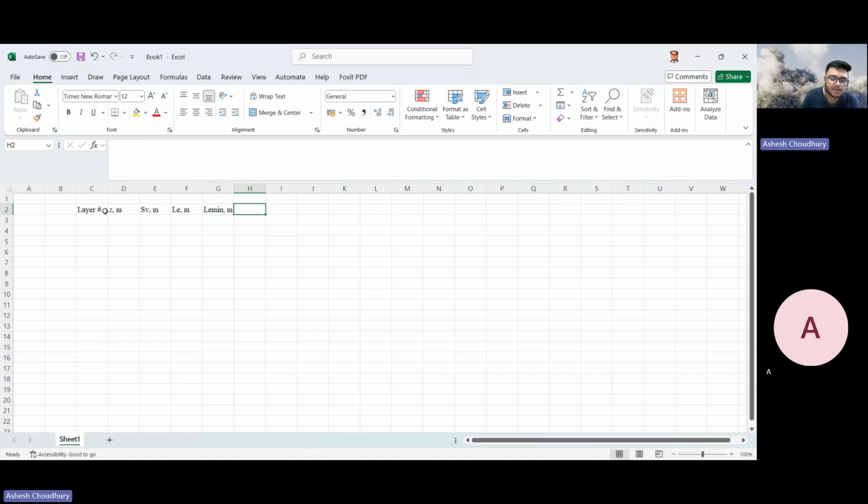Then we have LR in meters. Then L calculated in meters. Then L specified in meters. Okay, so this is our chart.